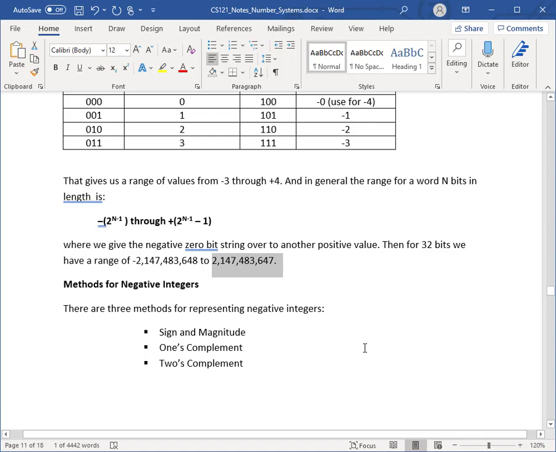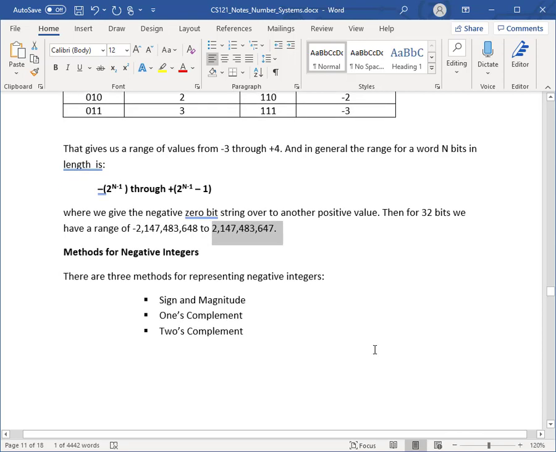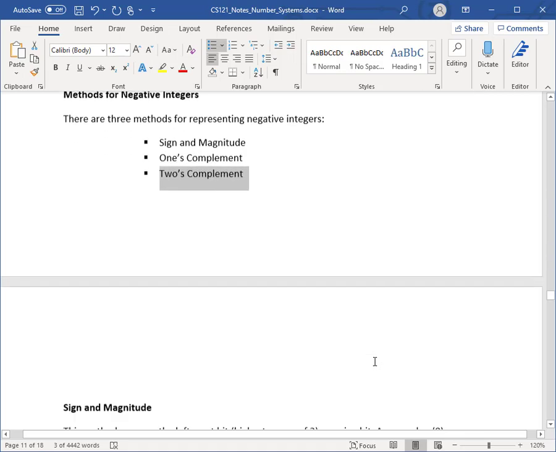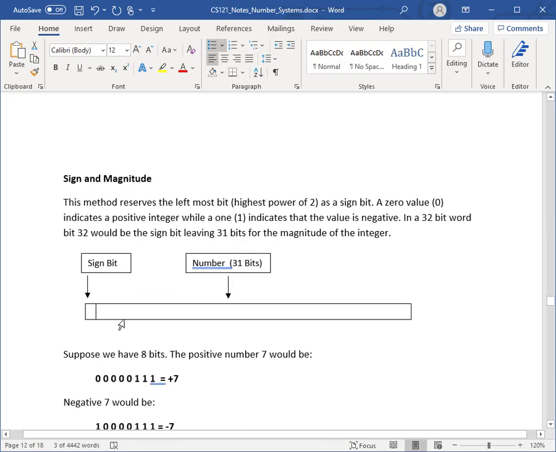There are actually at least 3 techniques that can be used to store negative numbers. They are called sign and magnitude, the 1's complement form, and the 2's complement form. I'm going to explain each of these. With sign and magnitude, if the highest-order bit is a 1, that indicates the entire number is going to be negative.